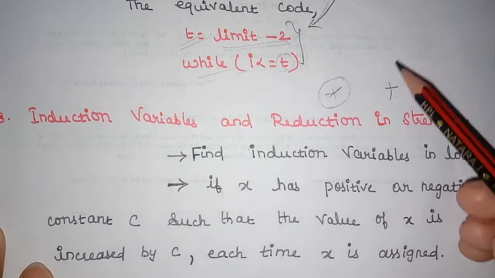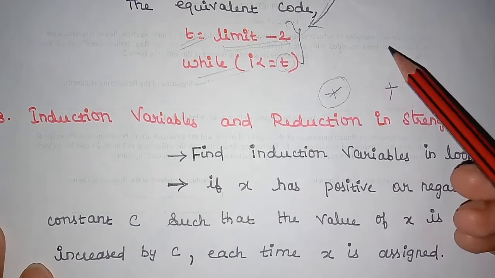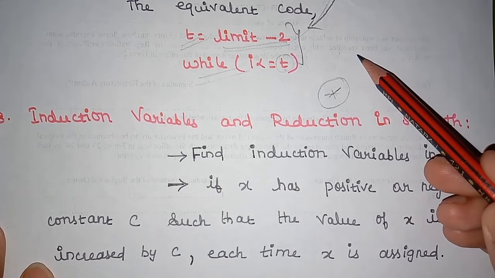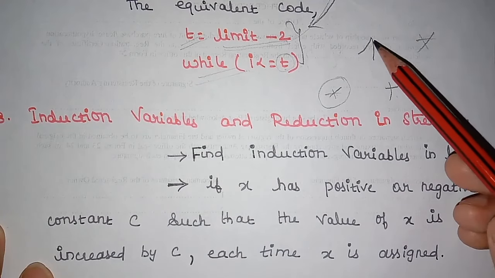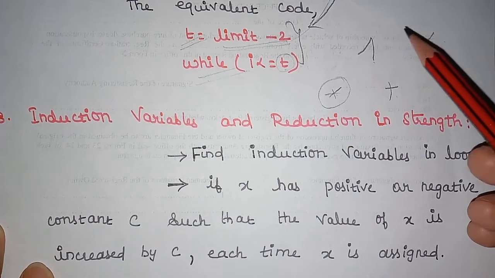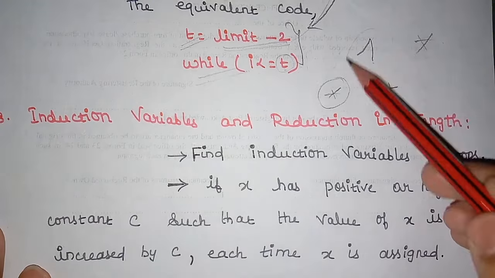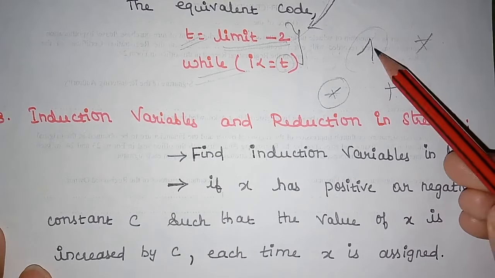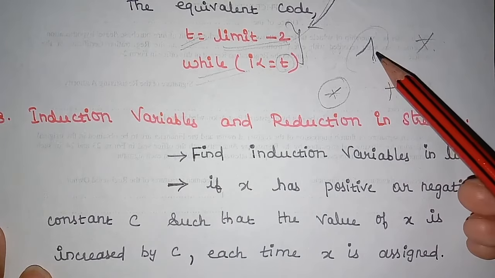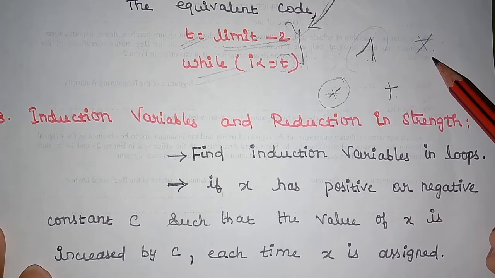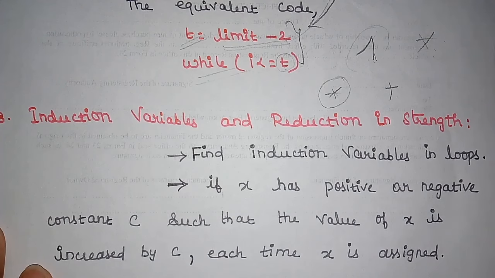Or when we are transforming an expression from computing a power into multiplication, that is, replacing the power with multiplication, then we are replacing an expensive operation with a cheaper one. Here the power is considered the expensive operation and multiplication the cheaper one.